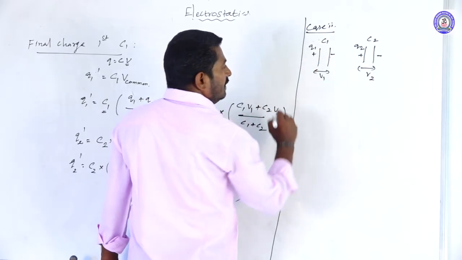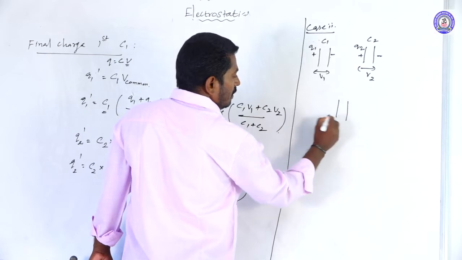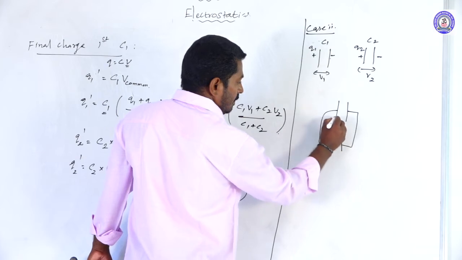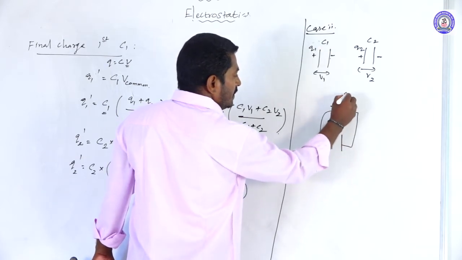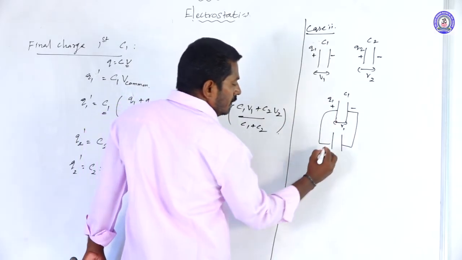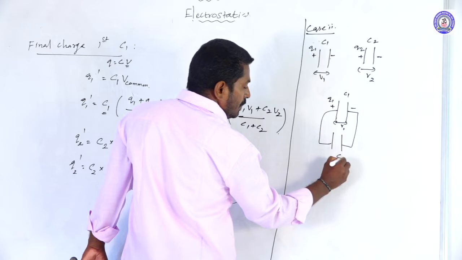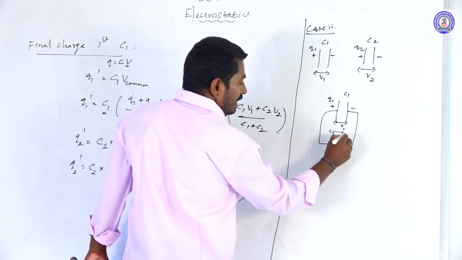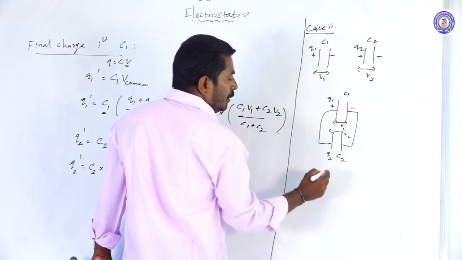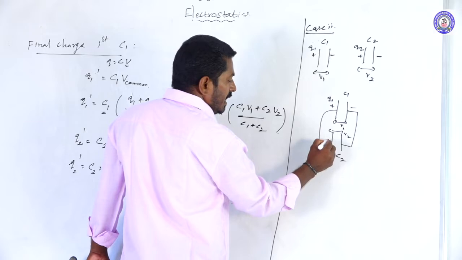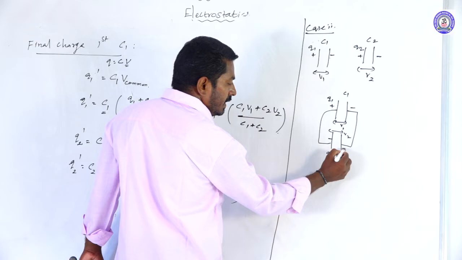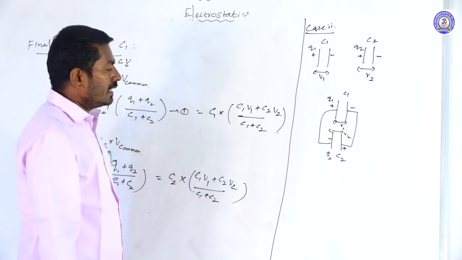The first capacitor has capacitance C1, potential difference V1 and charge Q1. The second capacitor has capacitance C2, potential difference V2 and charge Q2. The positive plate of the first capacitor is connected with the negative plate of the second capacitor, and the negative plate of the first capacitor is connected with the positive plate of the second capacitor.